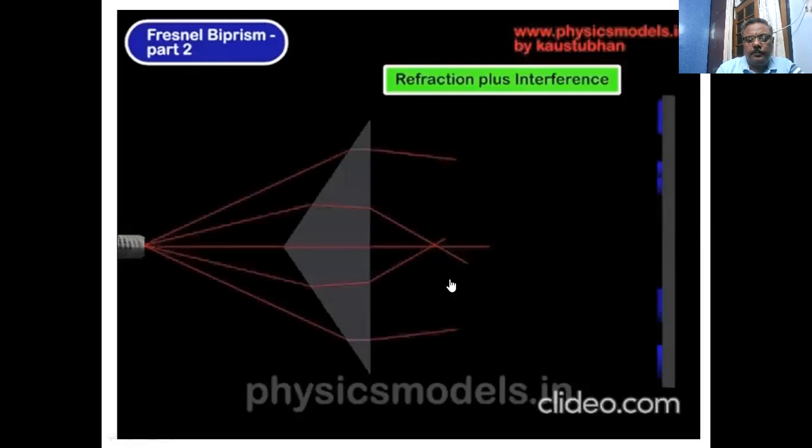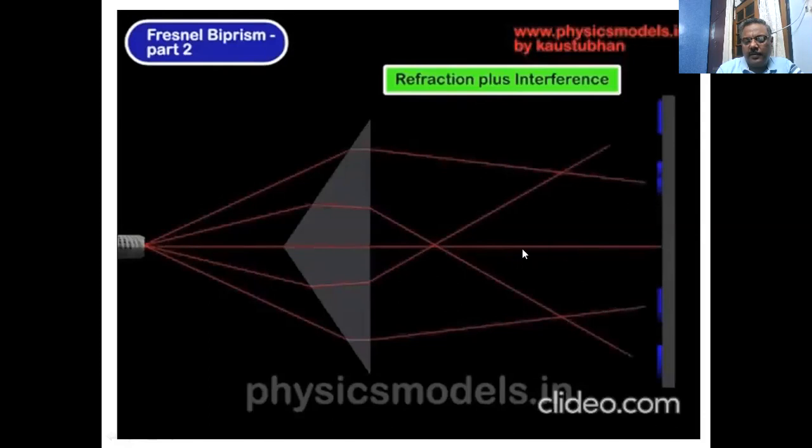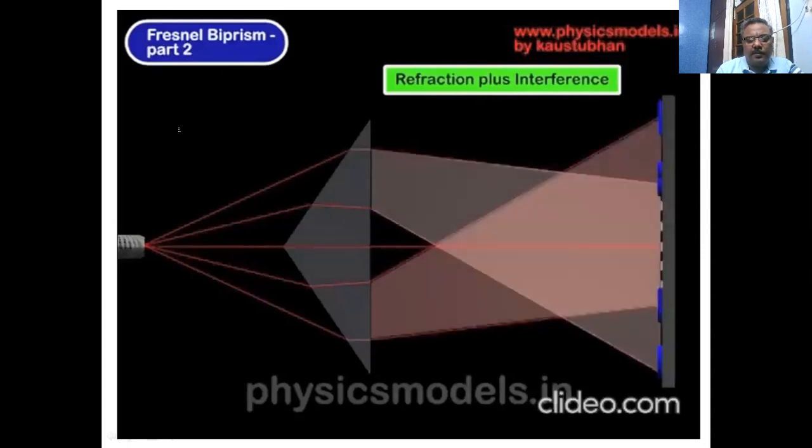So these rays are coming down, these rays are going up, the center ray is going straight. This is the region formed between the rays coming from the virtual sources V1 and V2. So the interference pattern is formed in that way.